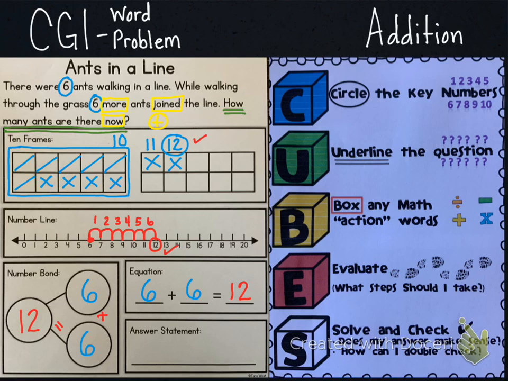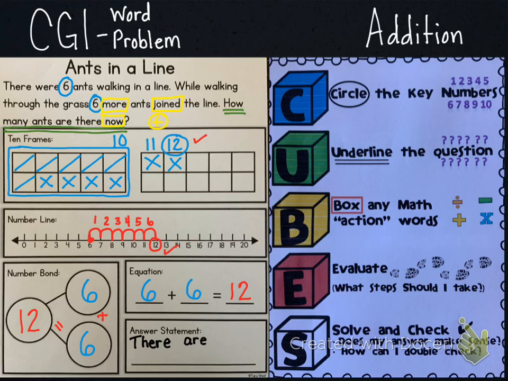Now let's go back to the question. It says, how many ants are there now? We need to make sure we put the number 12 into a sentence. But 12 what? You're correct, 12 ants. So we are going to start with a complete sentence. There. Notice I have a capital T because that's the beginning of a sentence. I'm going to do a tiny finger space.